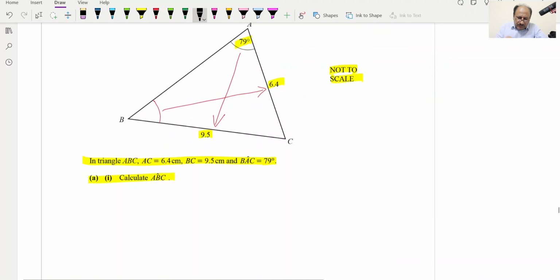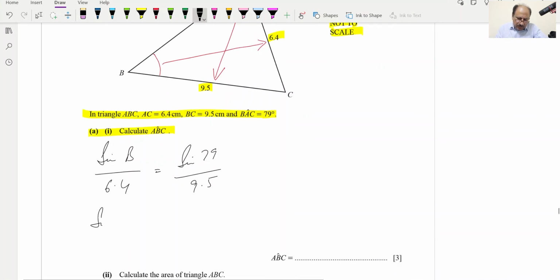For this we can easily use the sine rule, which is: sine of B over 6.4 is equal to sine of 79 over 9.5. So this implies sine of B will be equal to 6.4 over 9.5 into sine of 79.